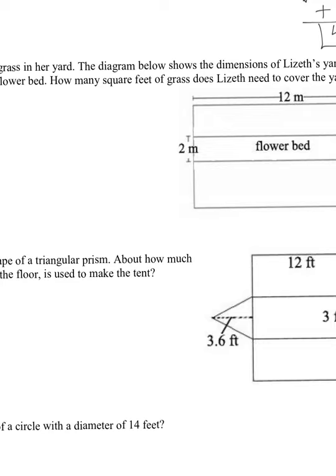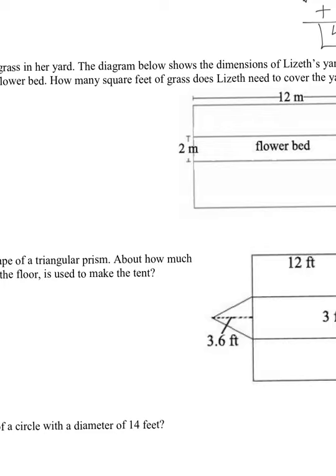Number 6. Lizette is planting grass in her yard. The diagram below shows the dimensions of Lizette's yard. She will not plant it in the flower bed. How many square feet of grass does Lizette need to cover the yard?